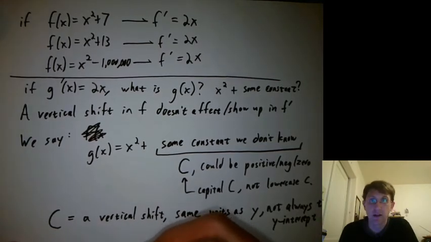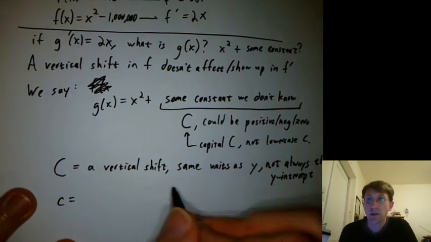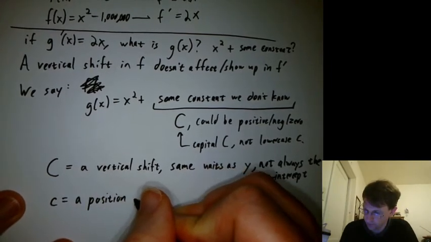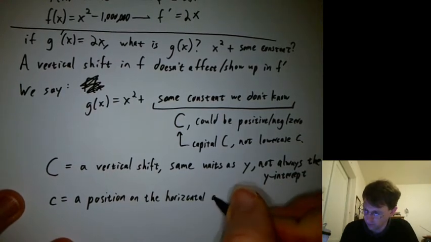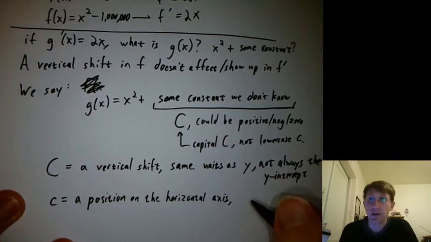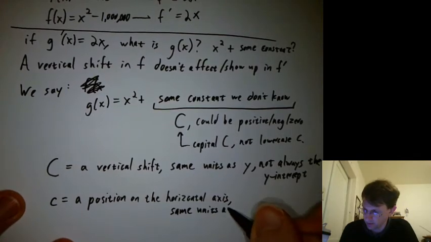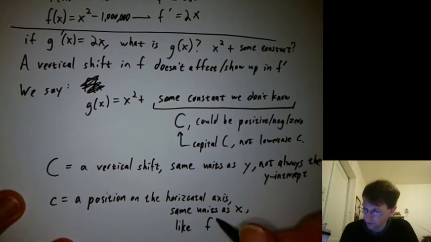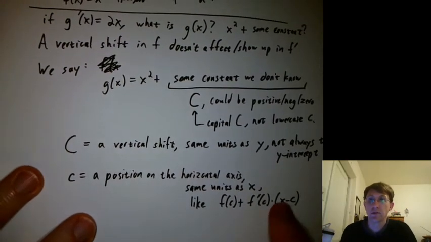Little c, can you tell the difference in the size there, is a position on the horizontal axis. Same units as x. And you probably remember the famous formula f of c plus f prime of c times x minus c. There, if c wasn't in the same units as x, you wouldn't be able to subtract it.